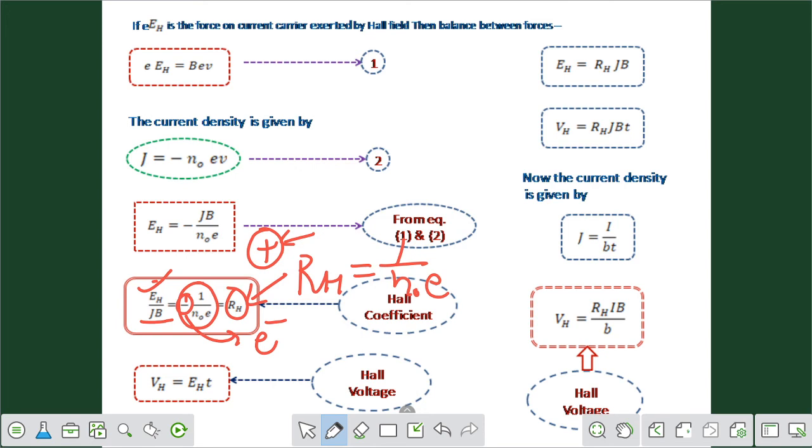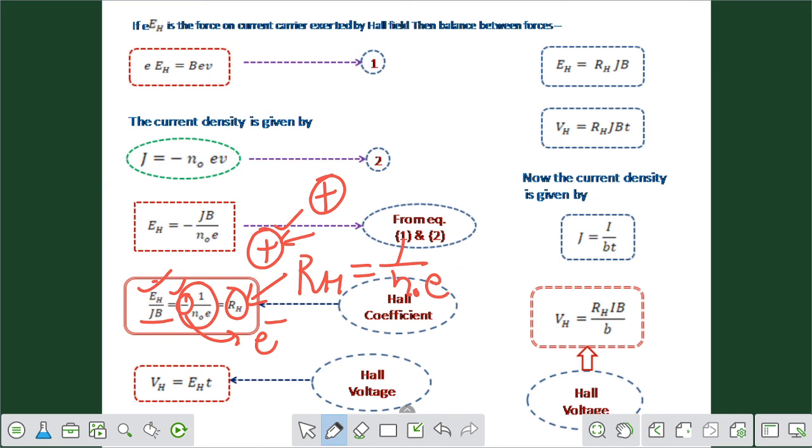That's why I am putting the negative sign. If you take the holes, then you can put the positive sign. So this formula is the same for electrons as well as holes.